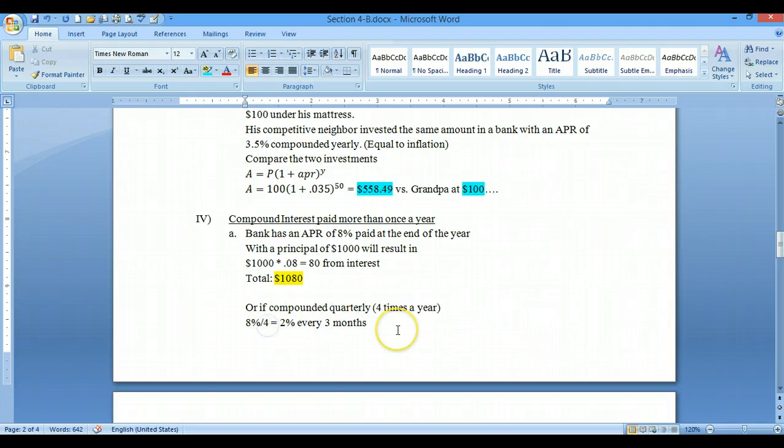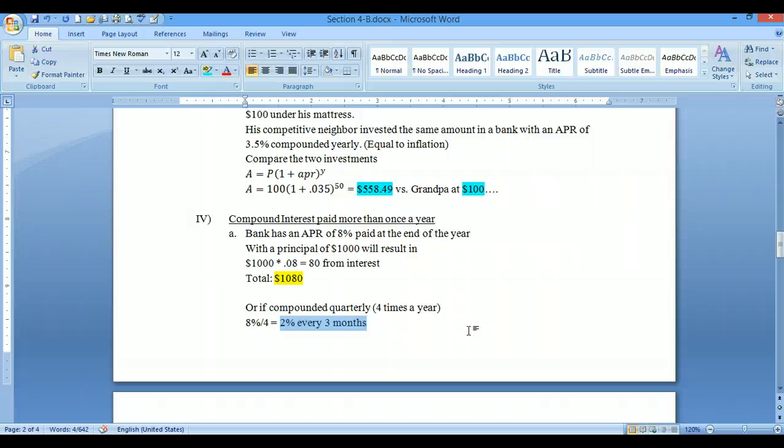you divide by 4 because it's 4 times a year, and you're going to get 2% every 3 months. So in the first 3 months, you're going to get a little 2%. In the next 3 months, you're going to get 2% of what you originally invested, the original principal, plus the little 2% that you got in the first quarter.